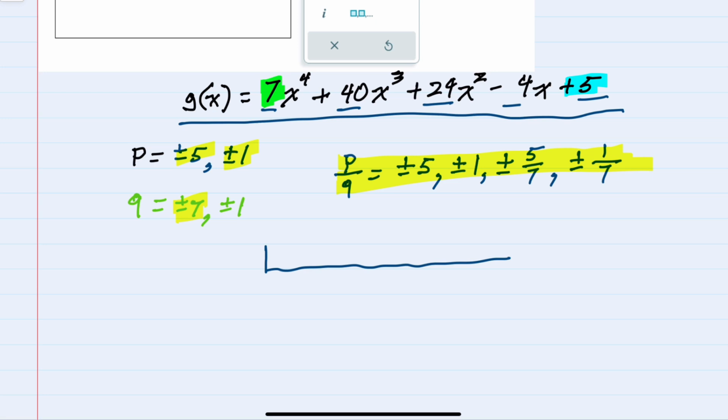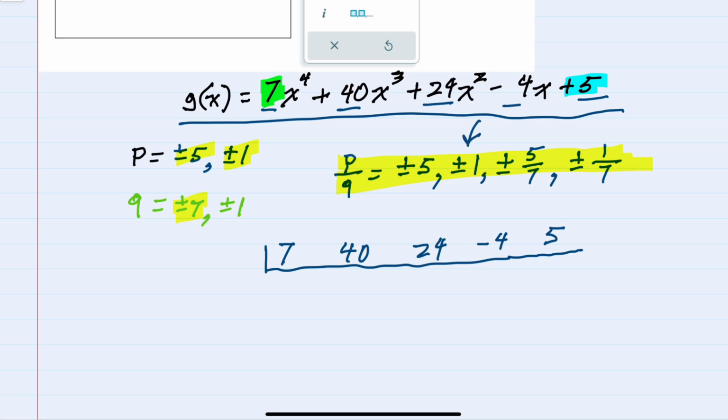If necessary, we could use zeros as placeholders, but here nothing's missing. We have a 7, x to the 4th, a 40, x cubed, a 24, x squared, a minus 4, x, and a plus 5 constant. So from here, we can start trying out our potential zeros that we have listed.